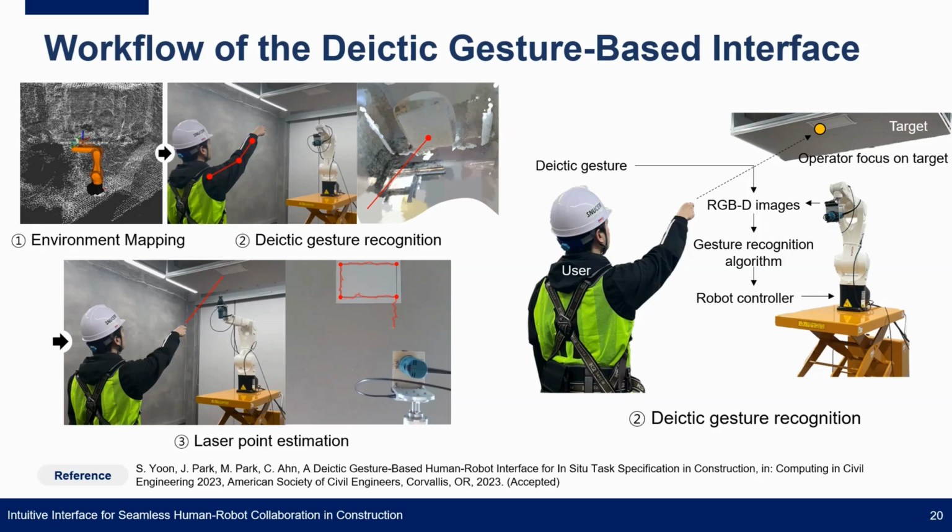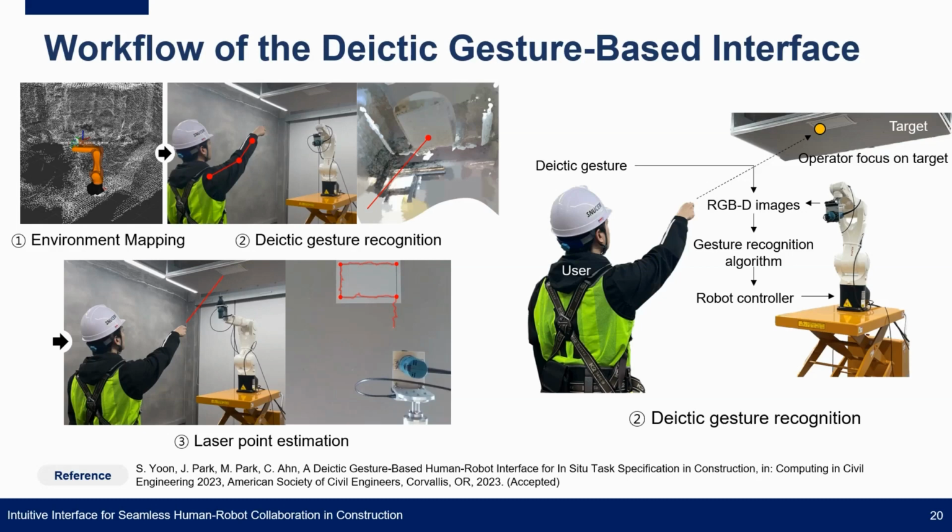At this stage, the robots don't care about the laser pointing. Based on the human operator's hand gestures, the robots approximate where they are pointing. Then the robots start to move to the area, and the target location is further fine-tuned using the laser pointing technique.